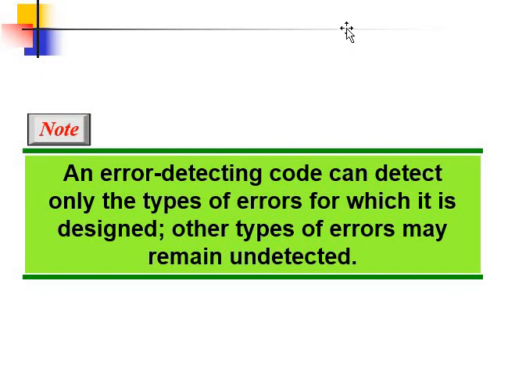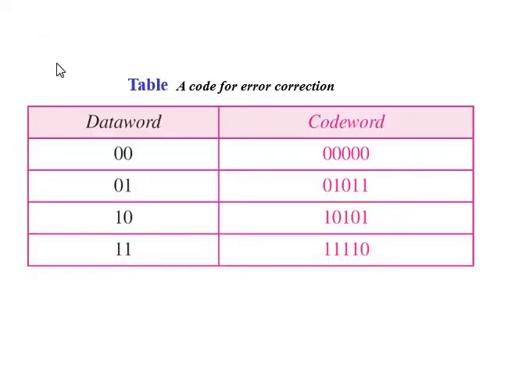Sometimes the errors are not detected properly because of the design of the code. An error detecting code can detect only certain types of errors, meaning only limited types of errors can be detected depending on the design. So that is the point here. This is another example, of error detection as well as correction.